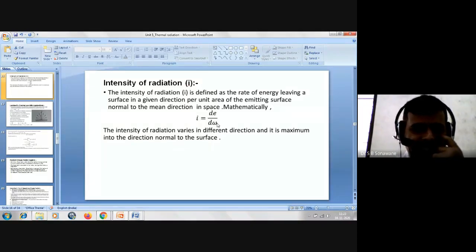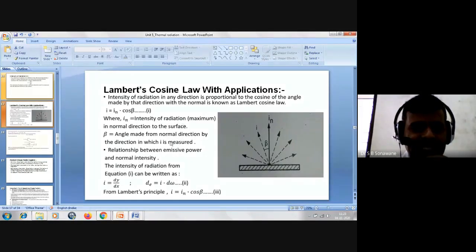So we can write dE is equal to I into d omega. This is simply the relationship between emissive power, intensity of radiation I, and solid angle. From Lambert's principle, I is equal to In cos beta.